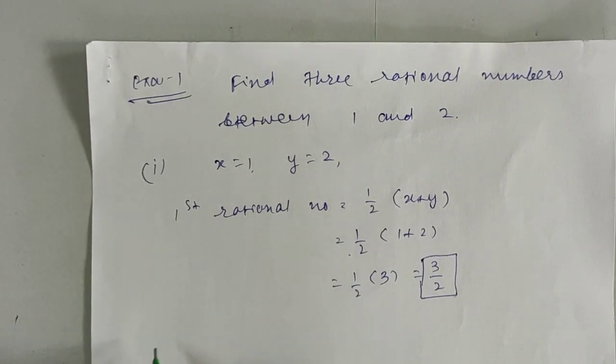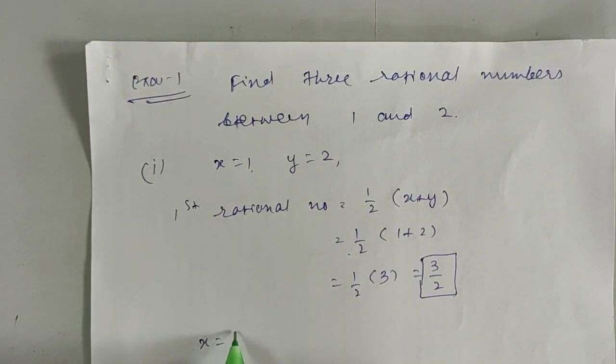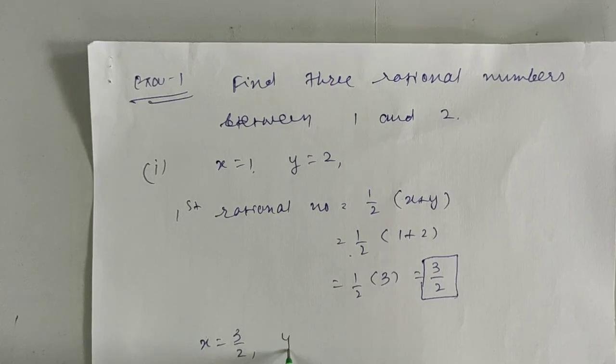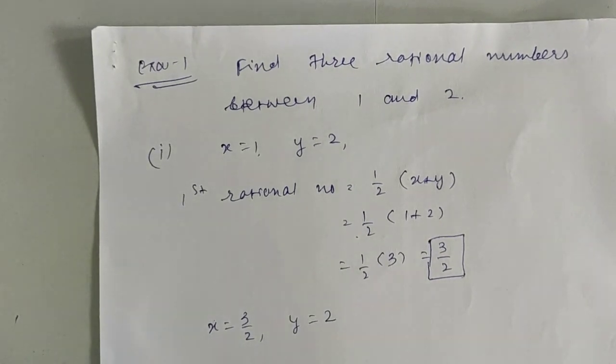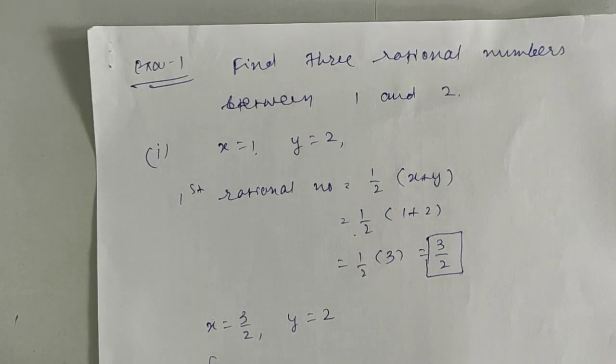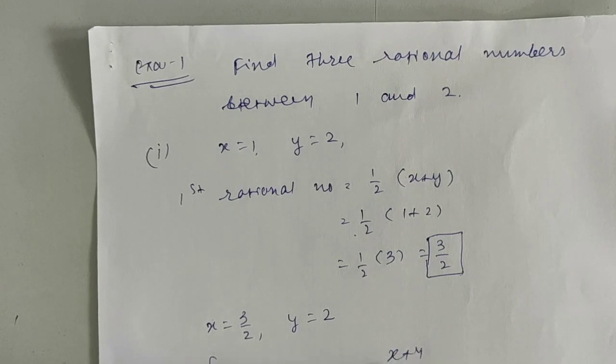Now x equals 3 upon 2, y remains the same. The second rational number is (x plus y) upon 2. We have x equals 3 upon 2 plus y equals 2, the whole divided by 2.